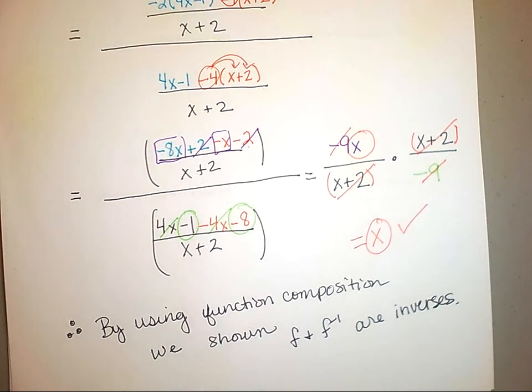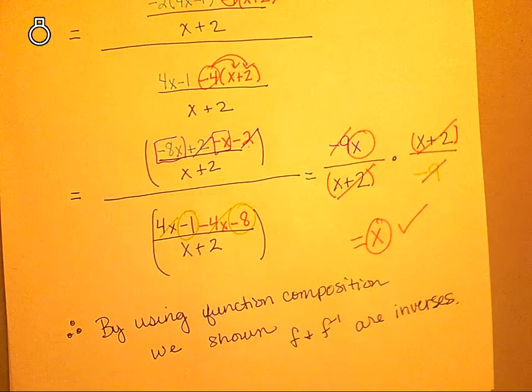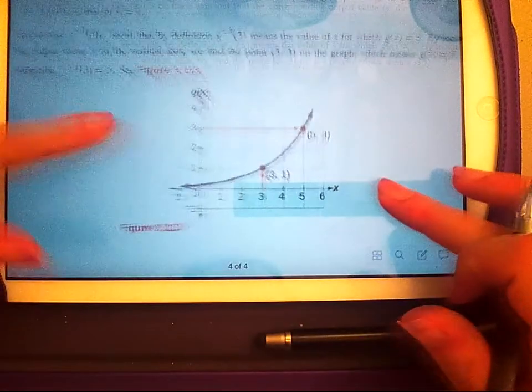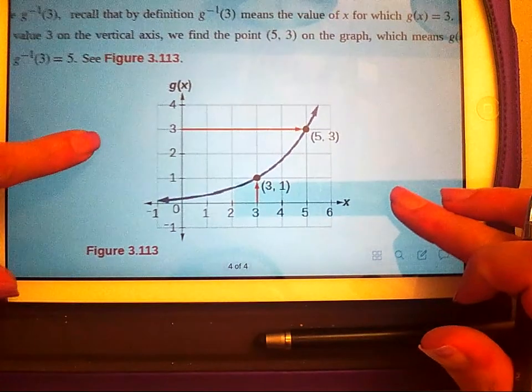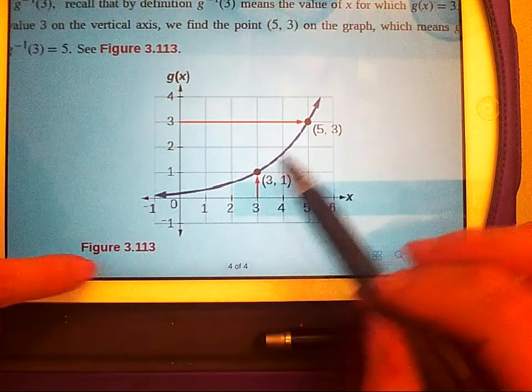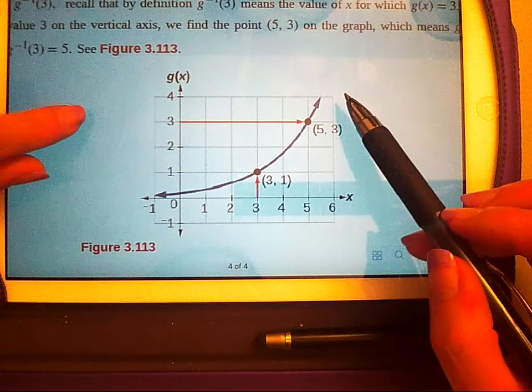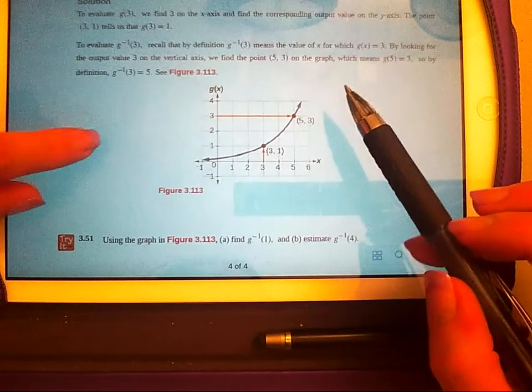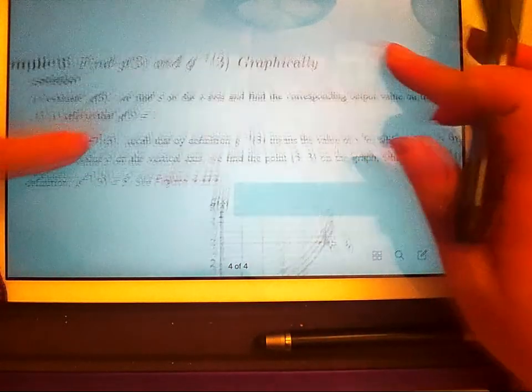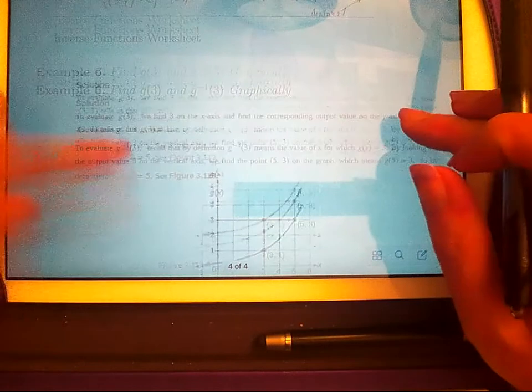Alright, let us do one more example. So let's say we're given this graph. Now, this is a function g of x. So let's say that we're supposed to find g of 3, okay, and then g inverse of 3.